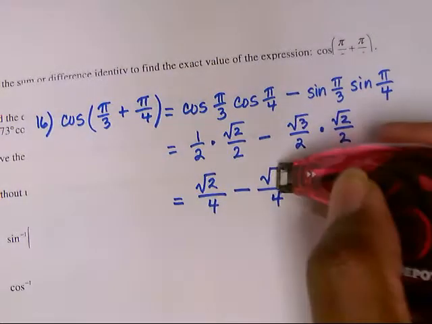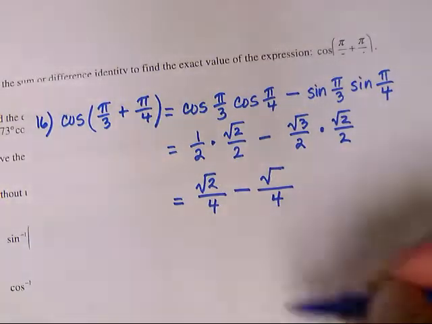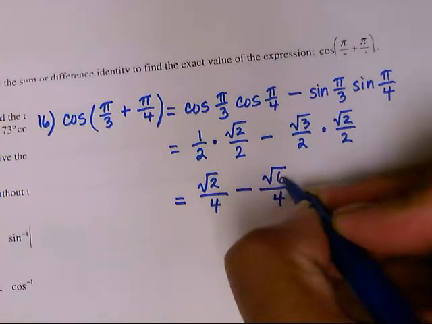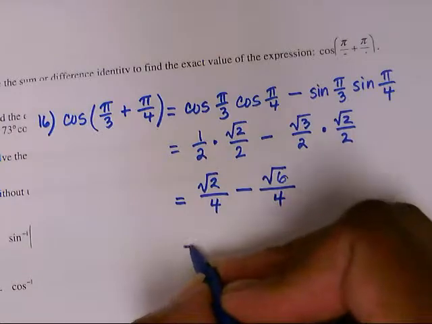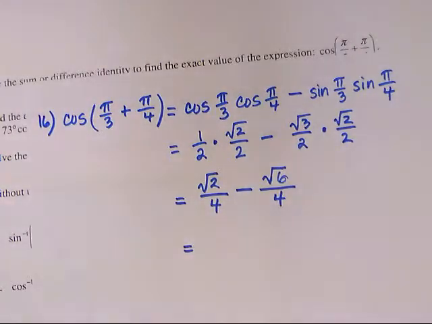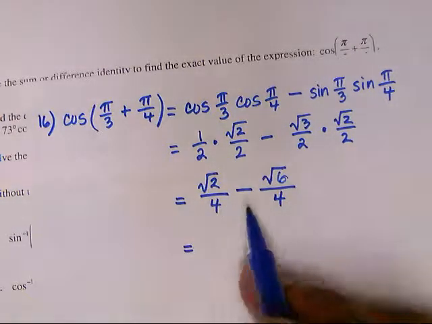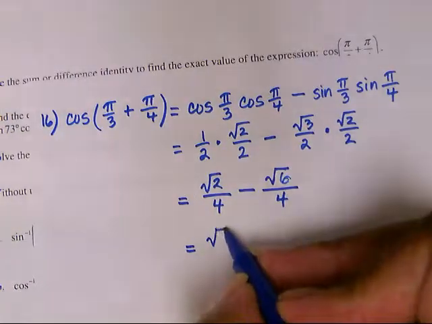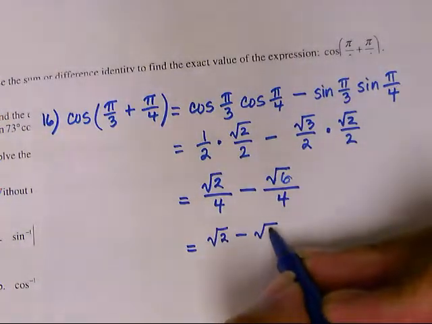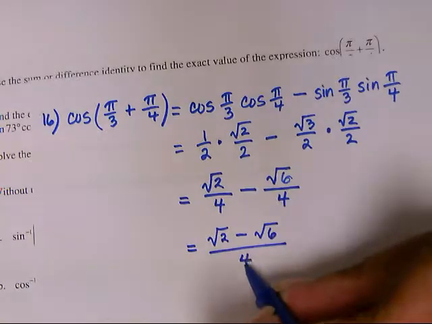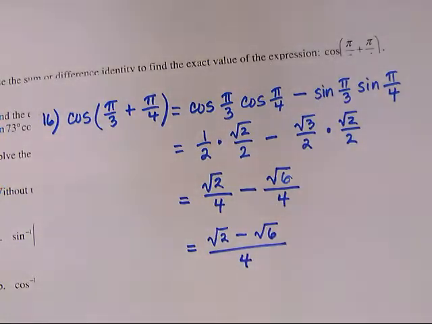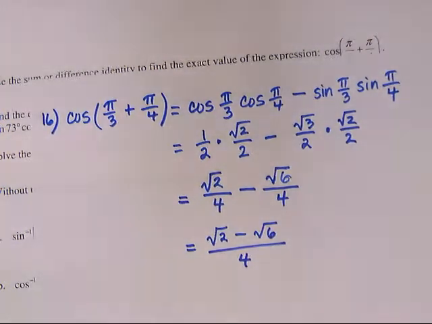Let me make that 6 look like a 6. And I can write this all under one single denominator. Since the denominators are the same, I can write that as the square root of 2 minus the square root of 6 all over 4. And that would be the final answer there. Alright, so that's problem 16.